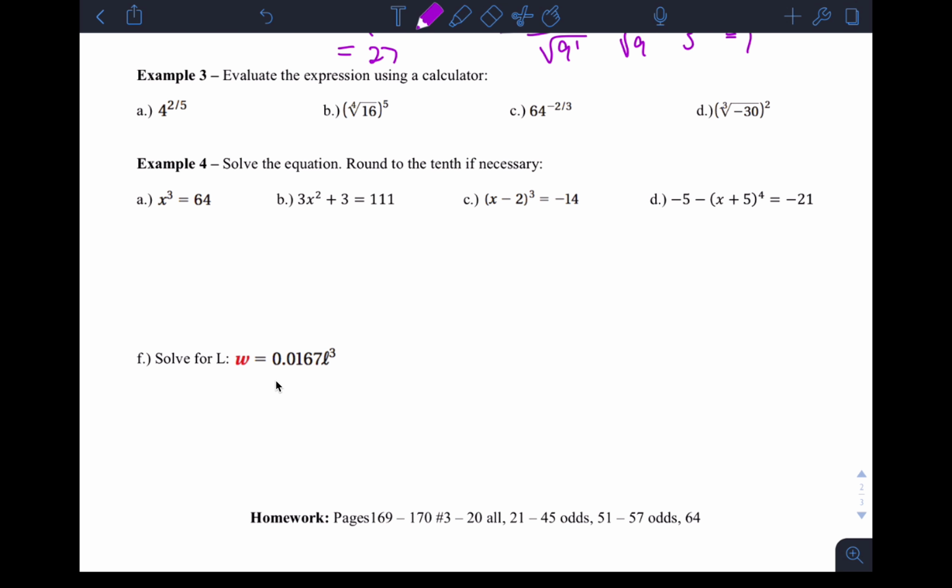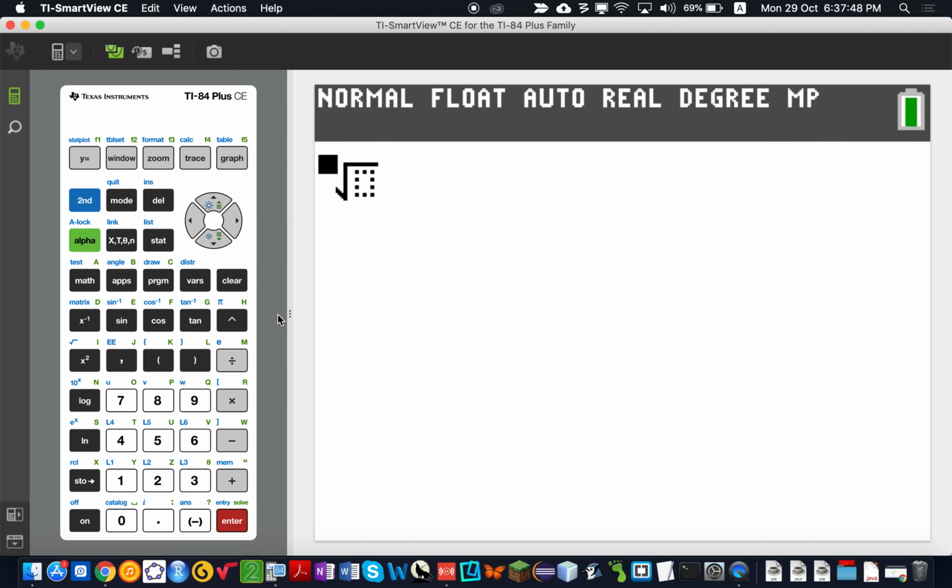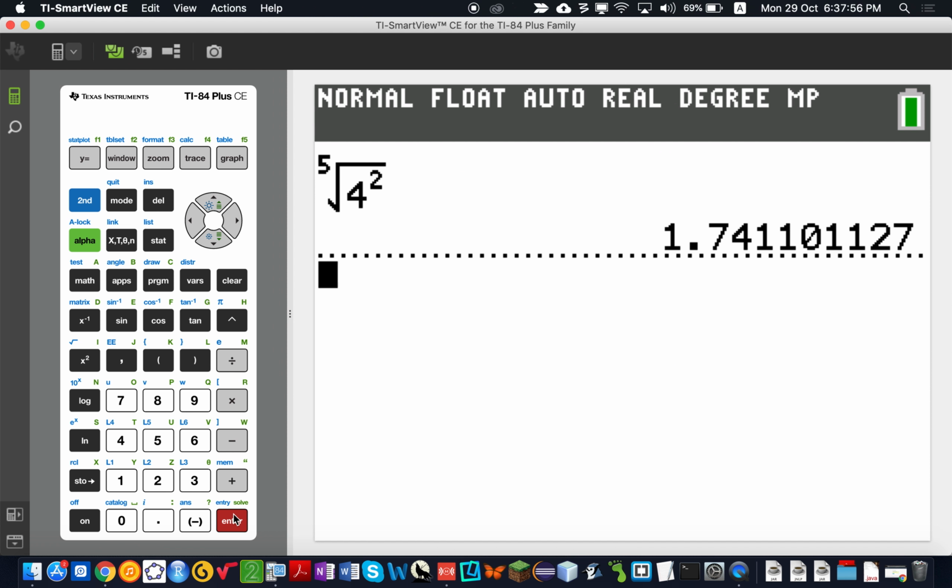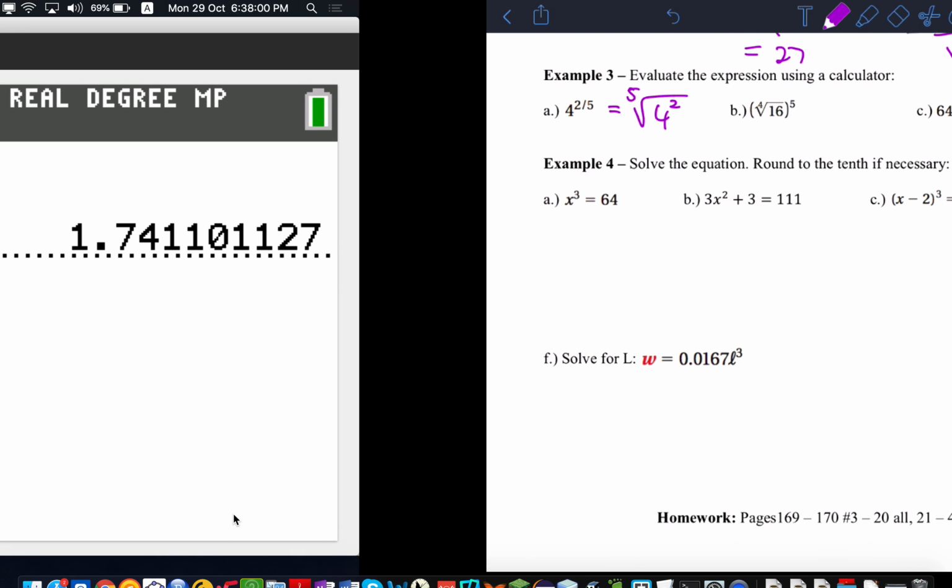So if we go back and we convert this, this would be the 5th root of 4 squared. So we can do something like this. The 5th root of 4 squared. Hit enter and we get that's about 1.74.